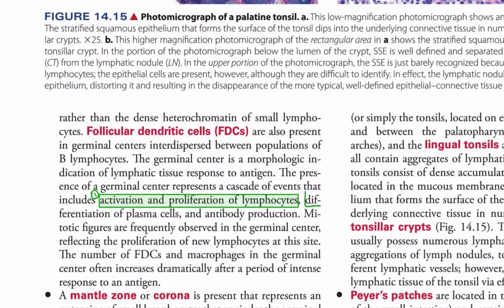Then differentiation: lymphocytes only get activated and proliferate, but plasma cells differentiate and carry out antibody production. Mitotic figures are frequently observed in the germinal center, reflecting the proliferation of new lymphocytes at this site.